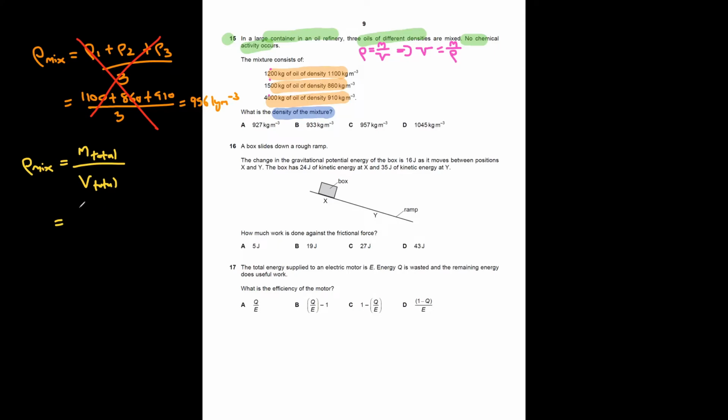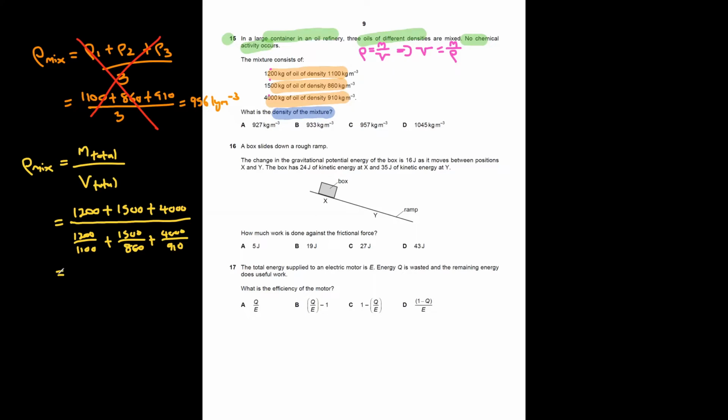Okay, so here let's just put in the values. Your mass total will be 1200 plus 1500 plus 4000, divided by 1200 over 1100 plus 1500 divided by 860 plus 4000 divided by 910.